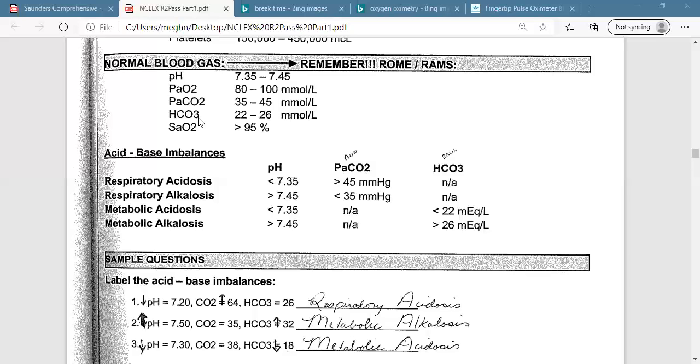Sometimes we have to memorize some basic information, and it can make it easy to answer the NCLEX board question. If the patient has diarrhea, it is always metabolic acidosis, because of fluid loss from the lower GIT.